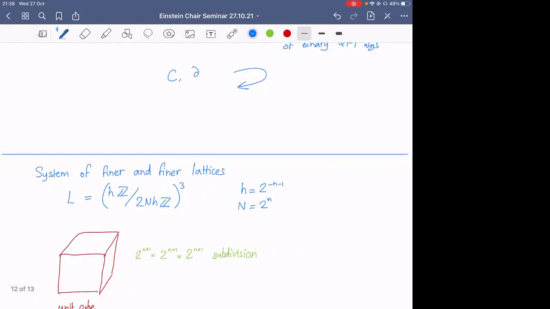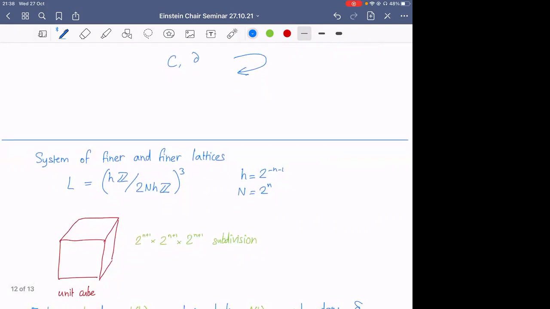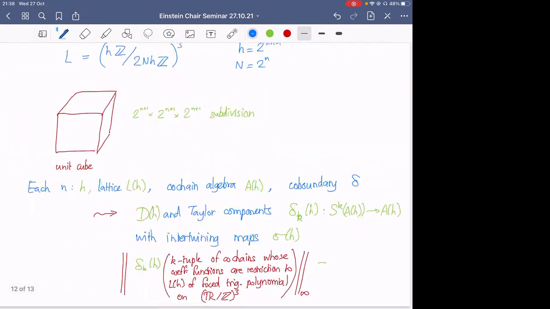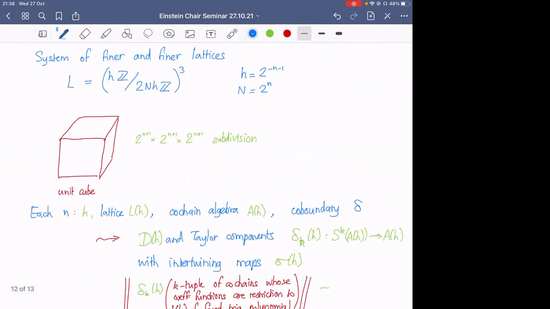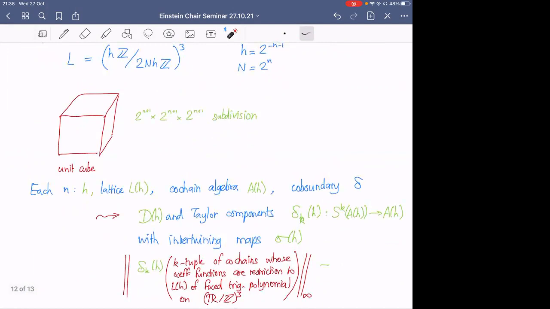So the question: how can you say that something is of order h to the power n if h is actually a finite quantity? So one way of doing it is like this. If you think of it as take a unit cube, and then you're subdividing it in powers of 2, then if you fix a trigonometric polynomial function of x, y, and z, then those can be defining the coefficients in your cochain.